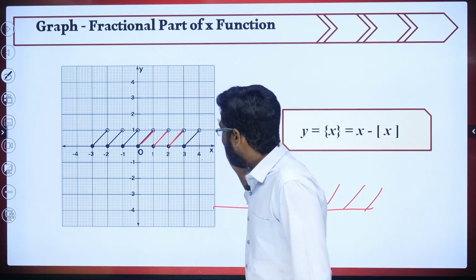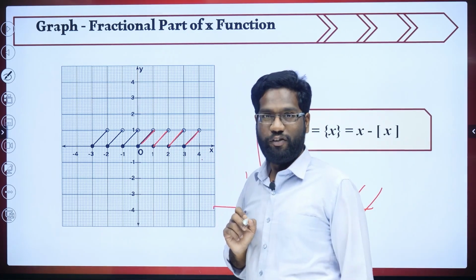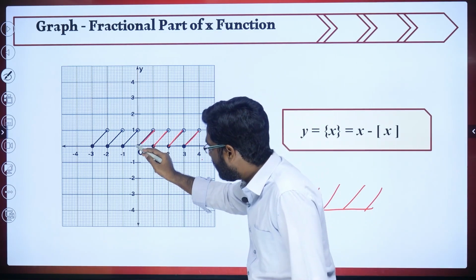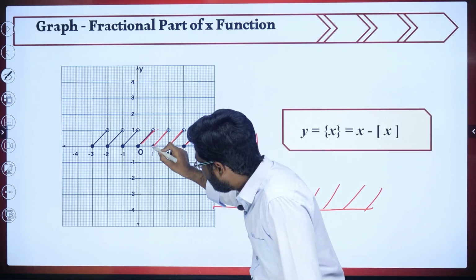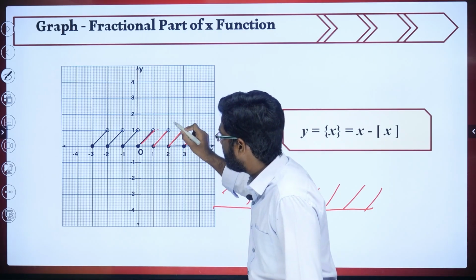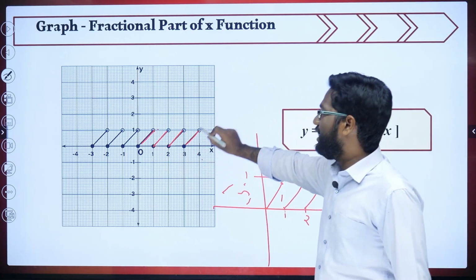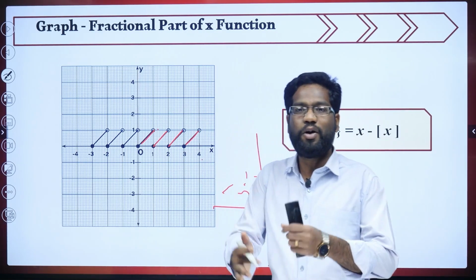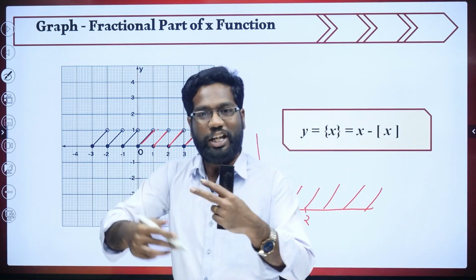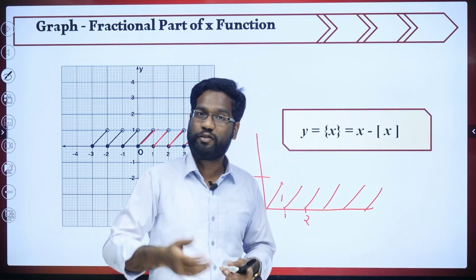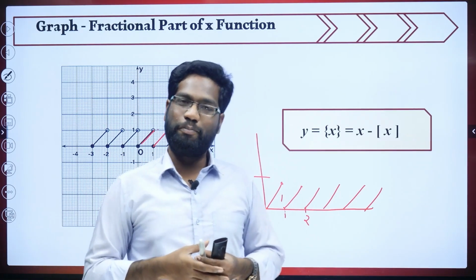So the given function is periodic with period 1, because from 0 it grows, but when it comes to 1 it becomes 0 and again it grows. Then when it comes to 2 again it becomes 0, and again it grows. Like this, periodically the same values keep coming. We also say sin x is a periodic function, cos x is a periodic function.